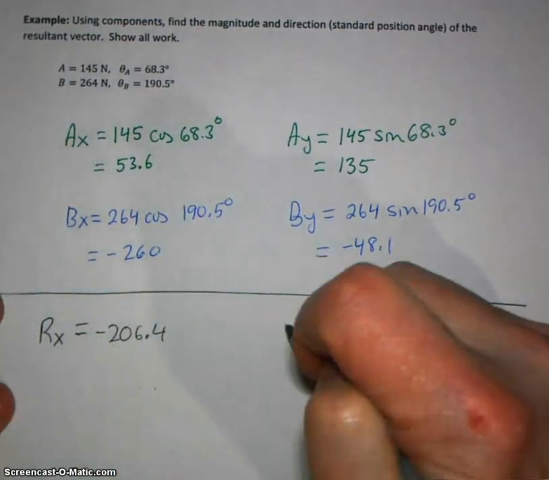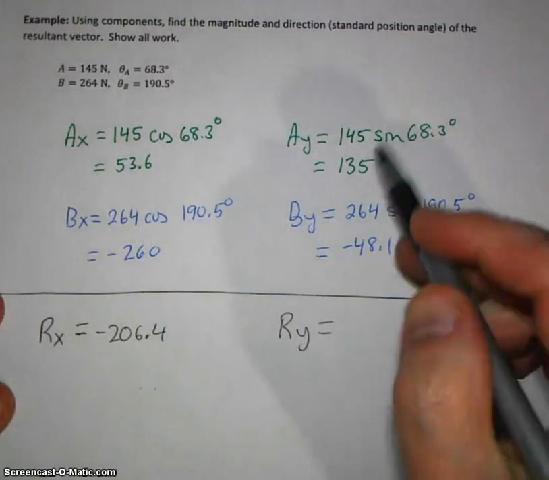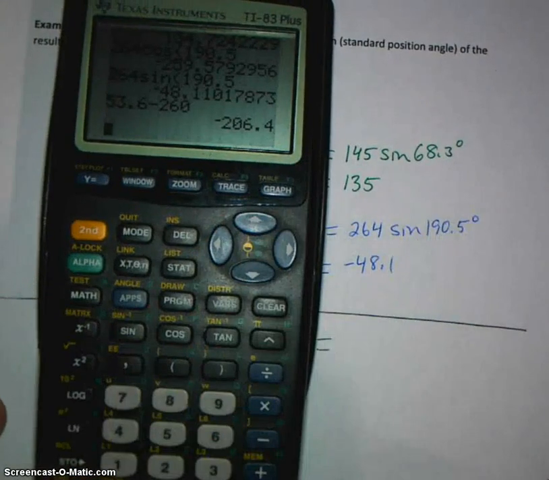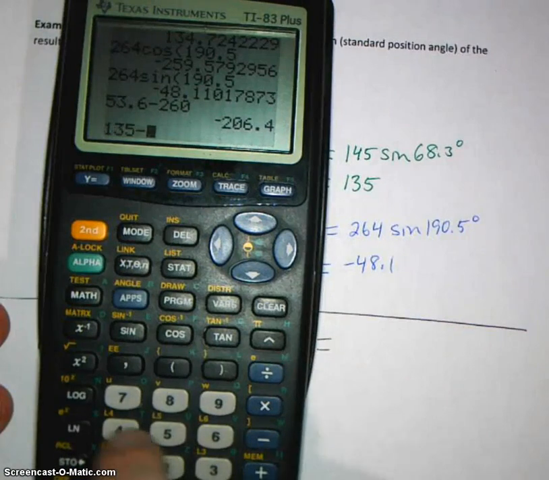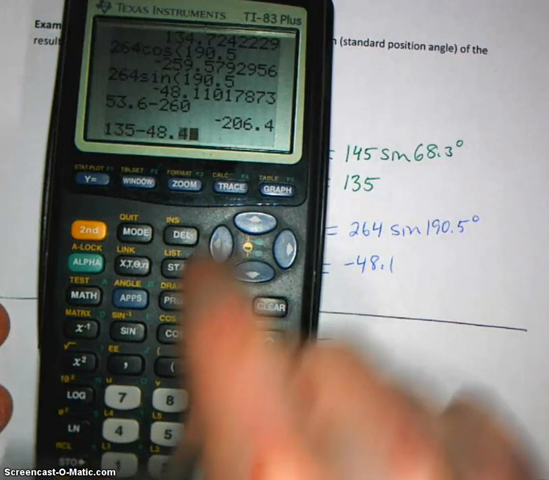And then we do the same thing over here. We get Ry. We add those together. 135 minus 48.1, 86.9.